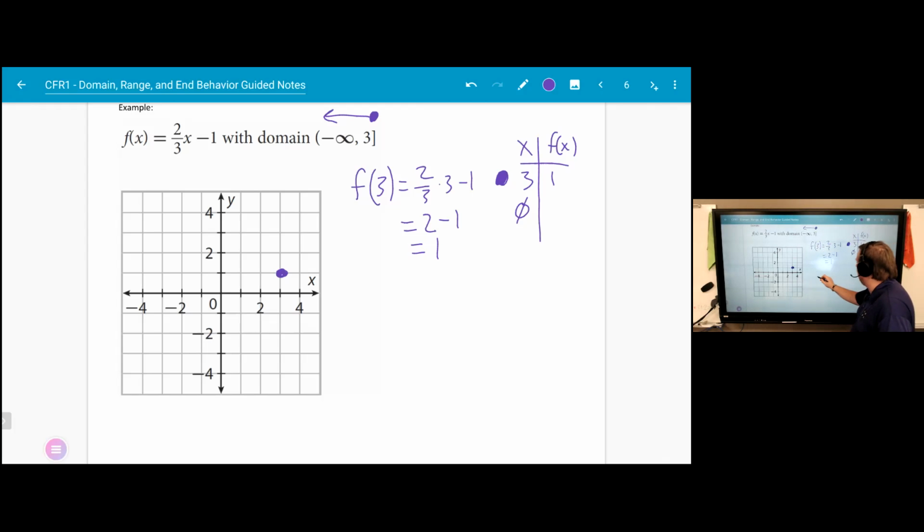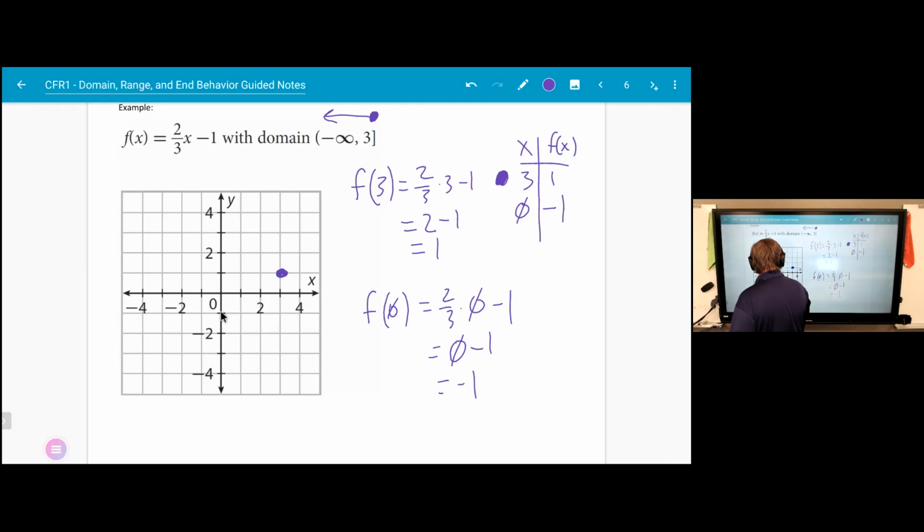So if I plug 0 in, the value of the function when x is 0 is 2/3 times 0 minus 1, which is negative 1. 0, negative 1. So I'm just going to draw a little dot here so I can draw through it. This is just going to be a ray, so I will put an arrow on that point.